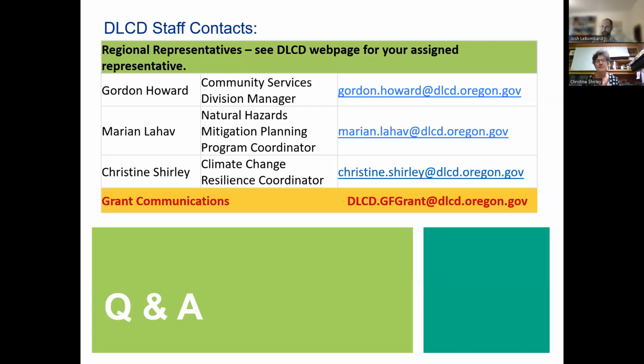However, the FEMA application process is so long that we don't recommend that you ask for a project that requires non-federal match unless you already have the grant well on its way towards obligation, because it just takes too long to go through the FEMA process. But if you need to supplement a project that you already have funded through FEMA, that would be something you might consider.